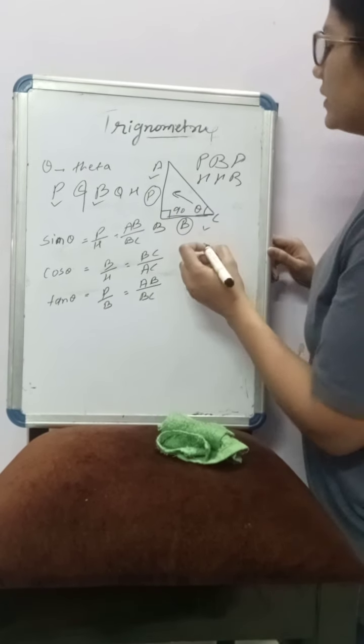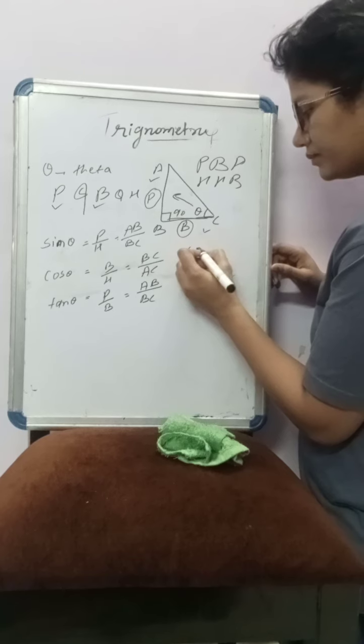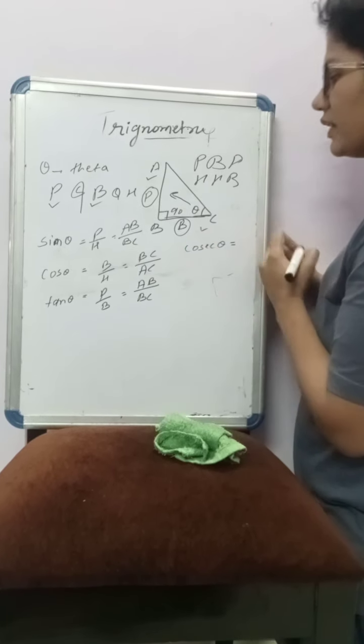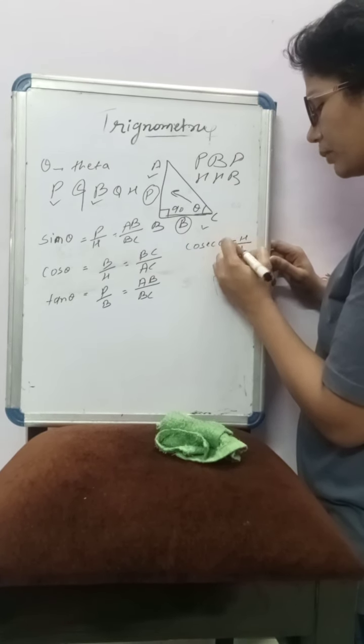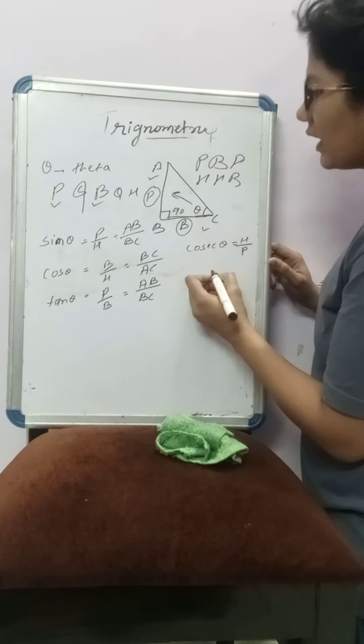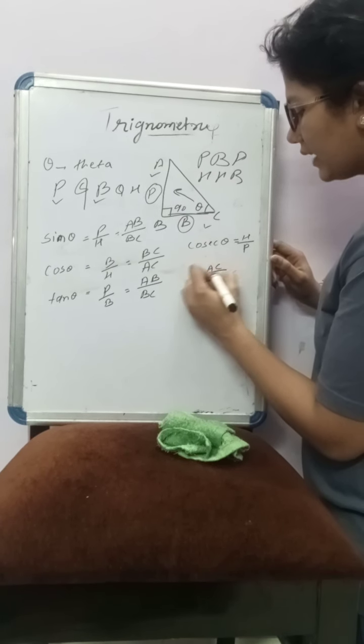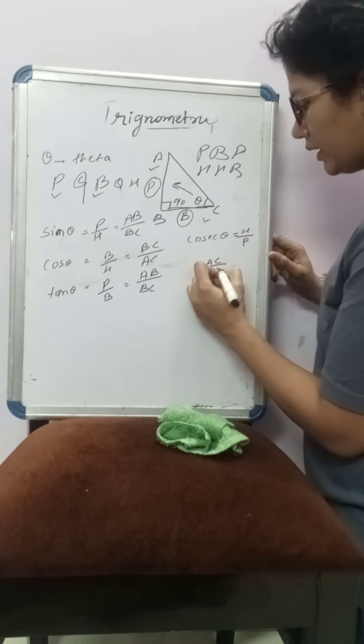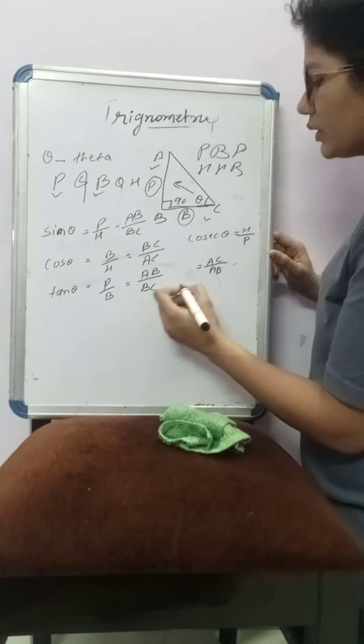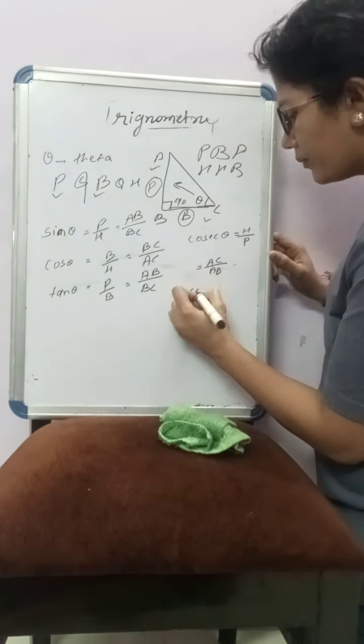Then cosec theta. Cosec theta is H upon P, that is hypotenuse AC and perpendicular AB. Now the next ratio is sec theta.